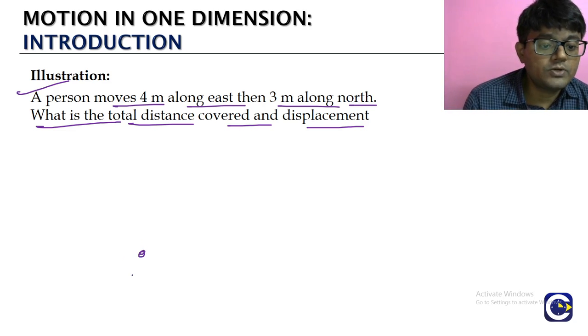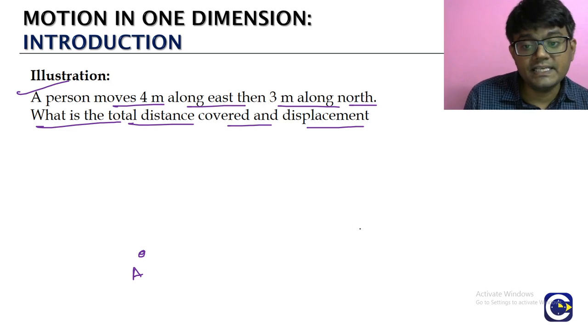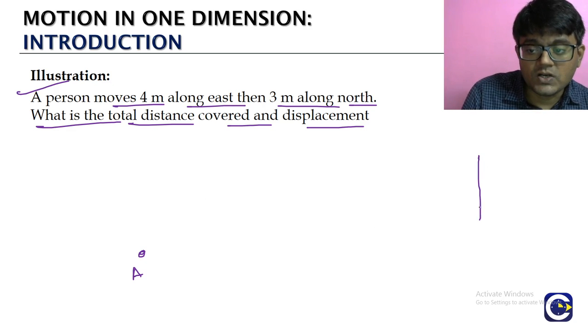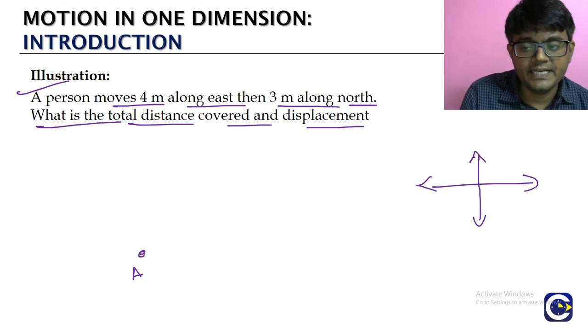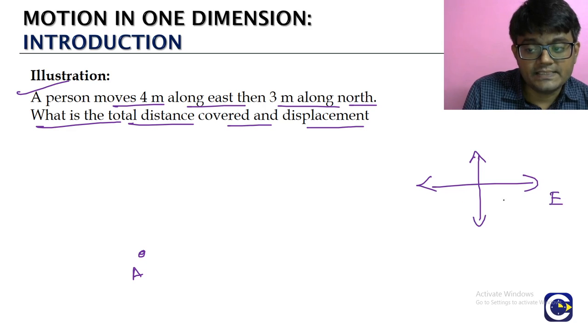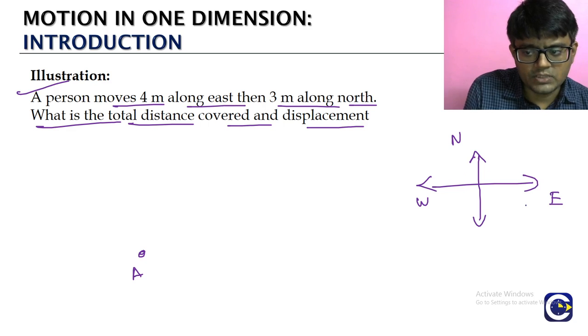So first I'm starting from A, imagine. Here they are saying east and north. How do we represent east and north? Generally when they are talking about the directions east, south, north, west, the convention that we follow is we will take the right side to be the east, so left will be west.